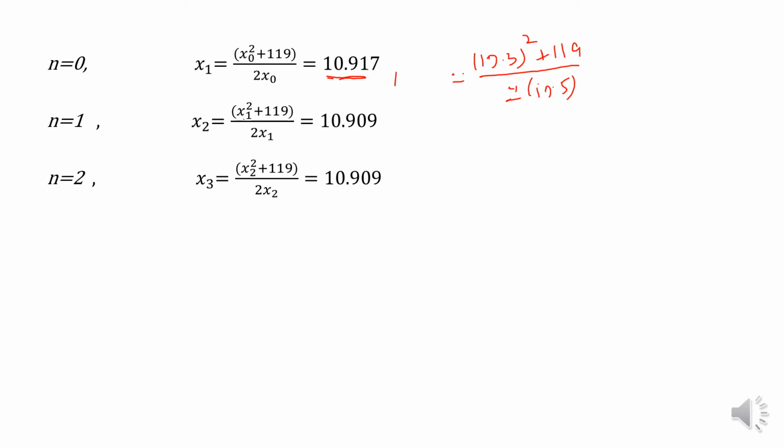As our x2 is 10.909, substitute that here, we will get our x3 as 10.909. Since two successive values are equal, that is x2 equal to x3, both are same. Therefore, square root of 119 is equal to 10.909.